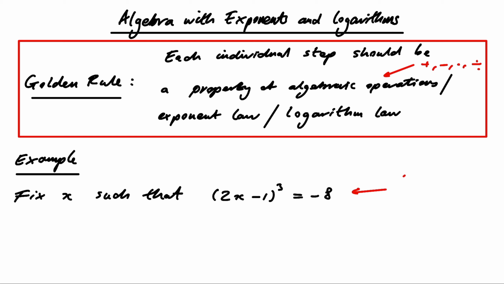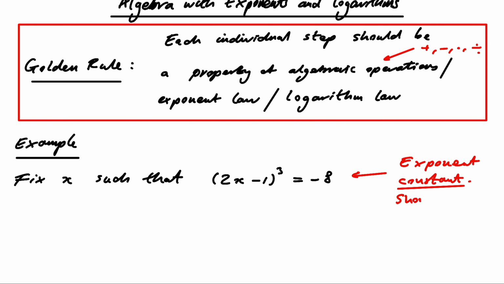So the 3 is fixed. That's the first thing. Because it's a constant, I should be using laws of exponents to undo this cubing, to somehow manipulate this to get x on its own.